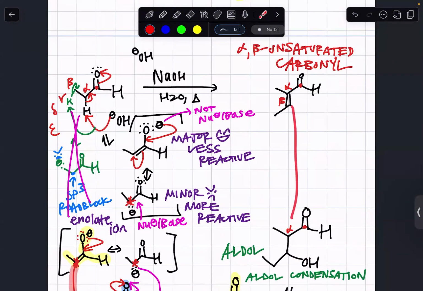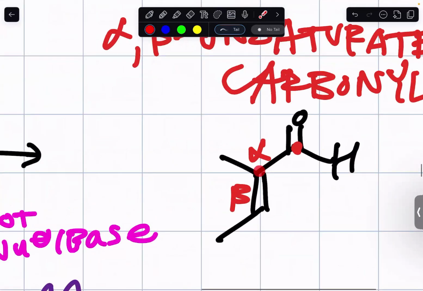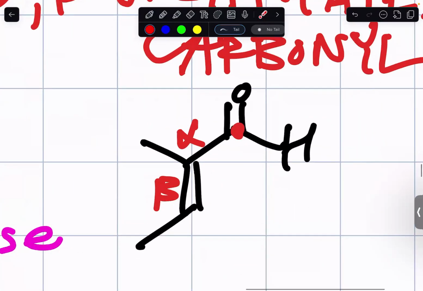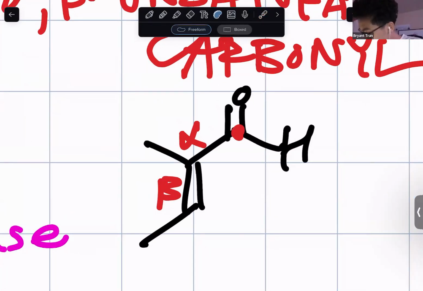Yeah, I think so. So alpha is 1 carbon away from the carbonyl, beta is 2 carbons away from the carbonyl, but it could also depend, because we could say that to the left of the alpha is the beta. Yes, to the left of the alpha is also beta.